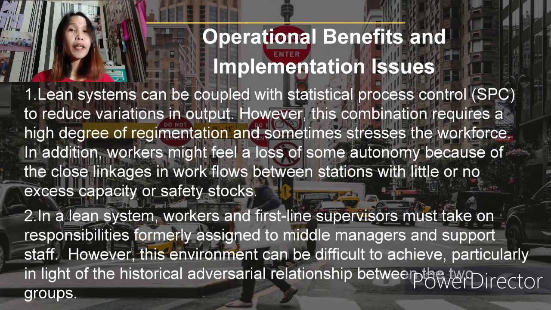Second, in a lean system, workers and first-line supervisors must take on responsibilities formerly assigned to middle managers and support staff. However, this environment can be difficult to achieve, particularly in light of the historical adversarial relationship between the two groups.